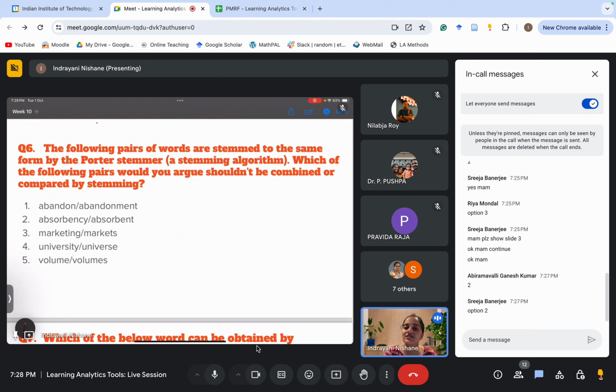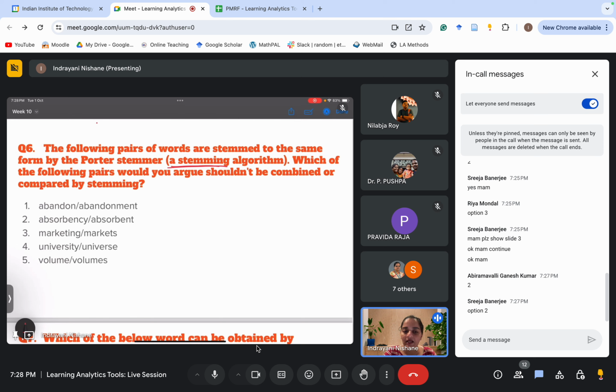Porter's stemmer is a stemming algorithm. It's just a fancy name. So we will consider it as stemming. A stemming function has been performed on these words. Which of the following pairs would you argue shouldn't be combined by stemming?